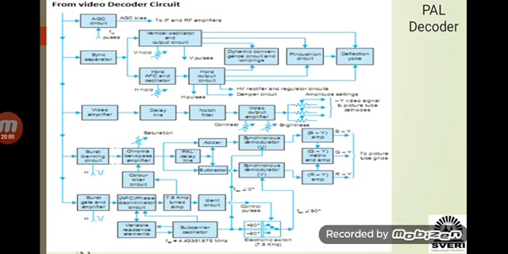Now NTSC used some hardware mechanism to get rid of the phase shift error, while PAL ensures that the phase shift error is let to occur, but it will occur in a positive way for the first line and negative for the second line, and the average of both the errors will be taken, so that the effect of phase shift error can be minimized, or it can be removed completely also. But obviously both the systems carry a very high level of risk of having the phase shift error.